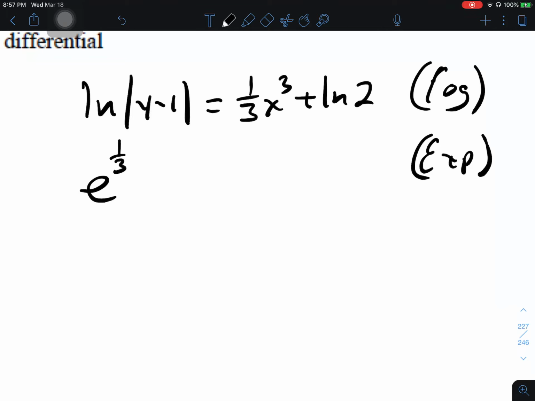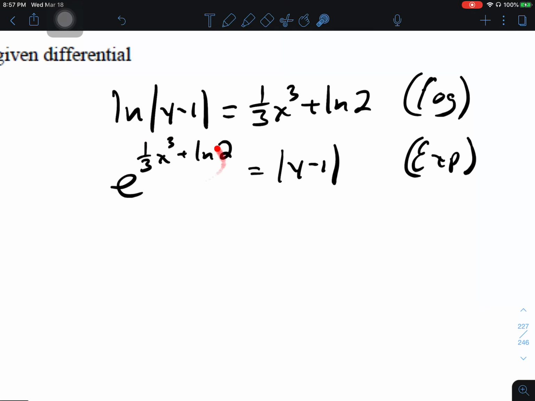So that's e to the 1/3 x cubed plus natural log of 2 equals the absolute value of the difference of y and 1.